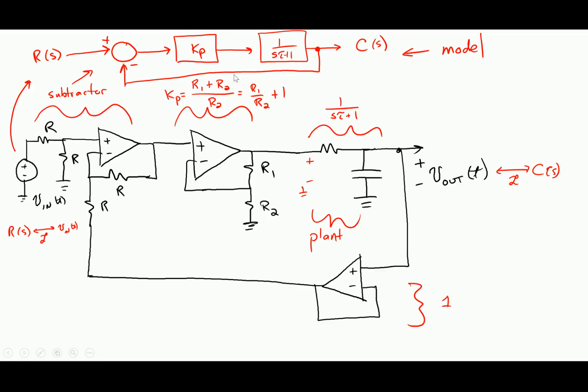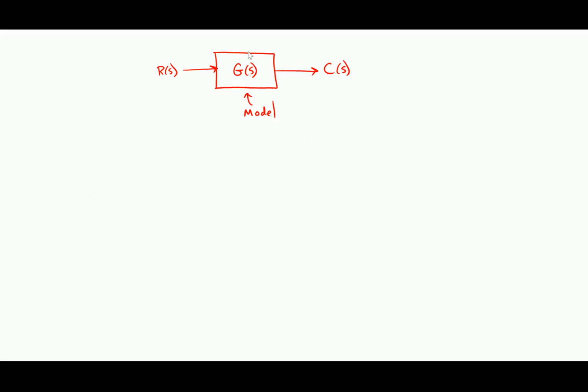What we want to do in this class is begin to understand how we analyze that model to create the control system that we want. Okay? So if I'm looking at this general perspective, this guy's a model. Now, in general, what we're interested in is what happens in the time domain.